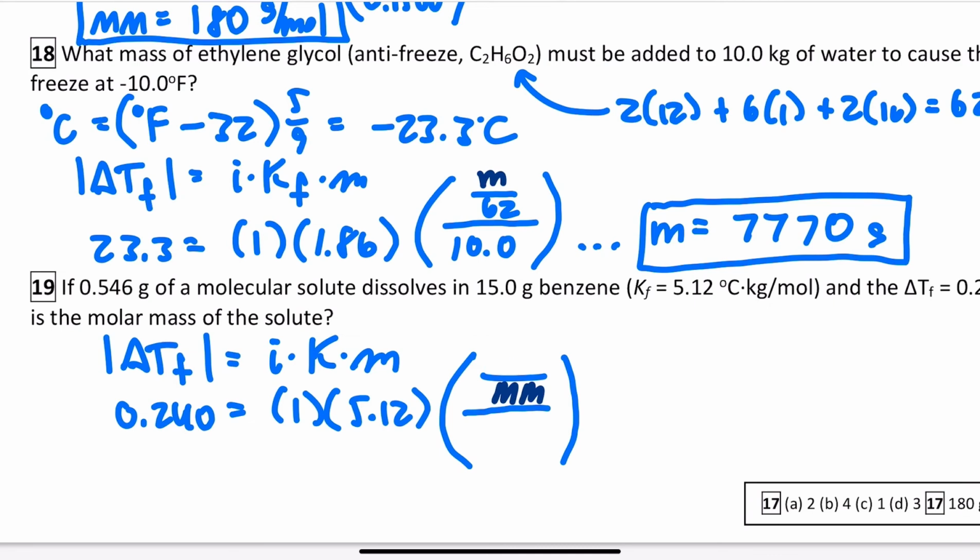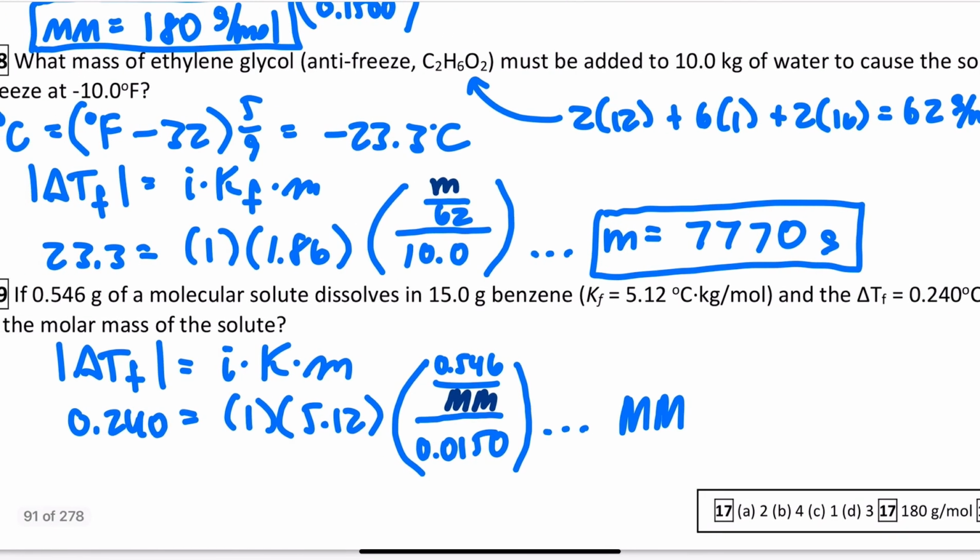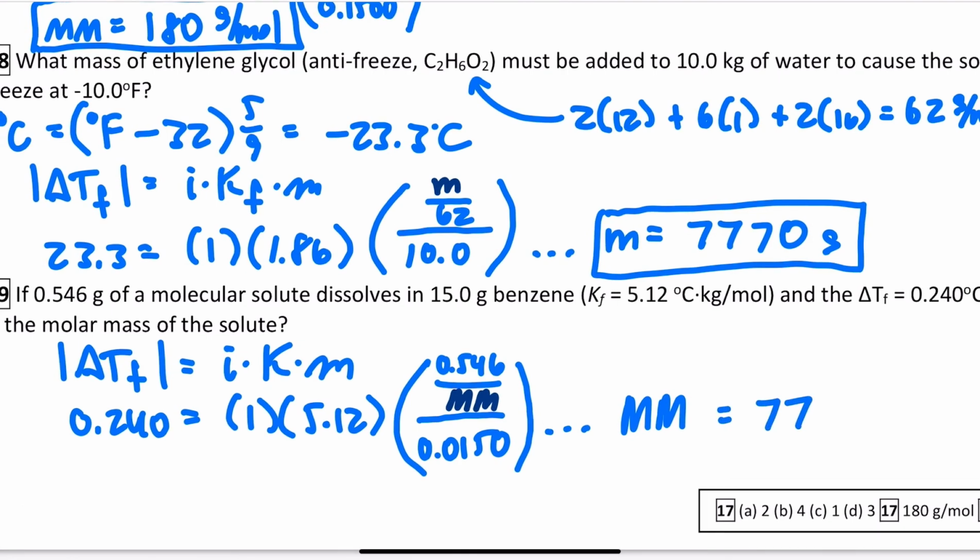That's the mass of solvent. Careful, it's 0.546 grams of solute, and 15 grams of benzene, which is 0.0150 kilograms of the solvent. One equation, one unknown, solve for the molar mass. You get a molar mass of 777 grams per mole.